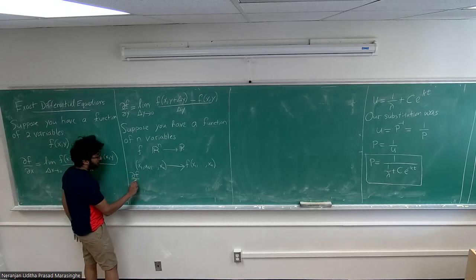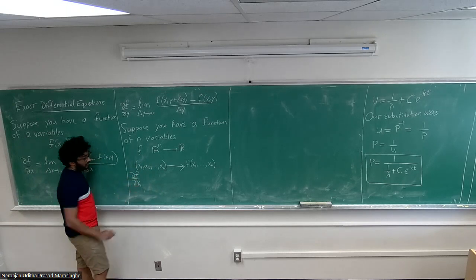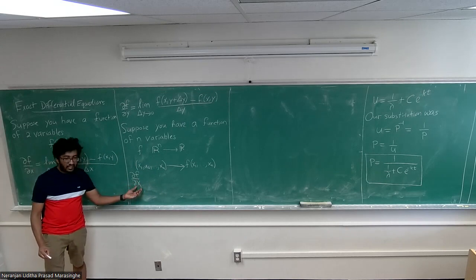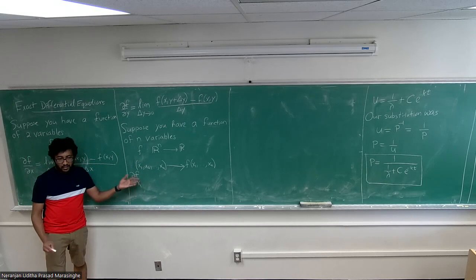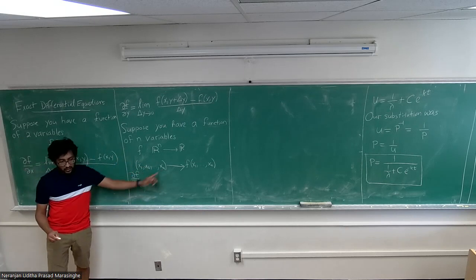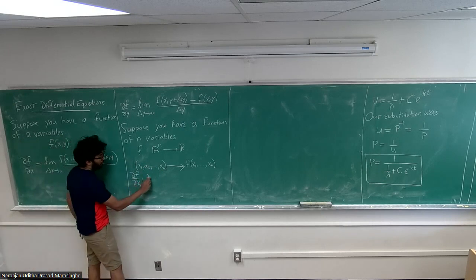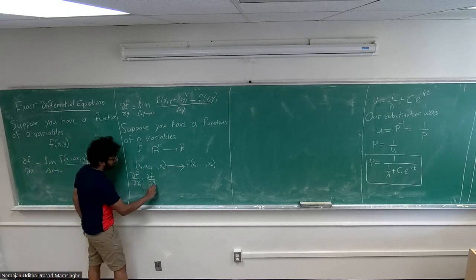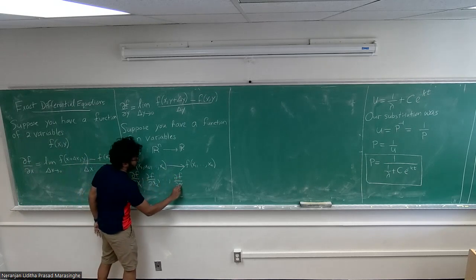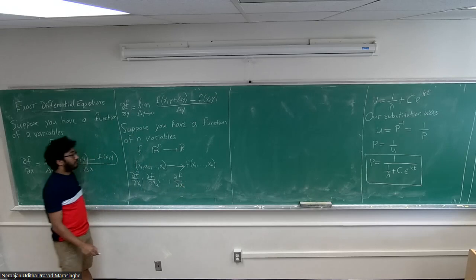First one is ∂f over ∂x1. In this case, you think that you would change x1 a little bit, and you would not do anything for the other variables. Then ∂f over ∂x2, up to ∂f over ∂xn.